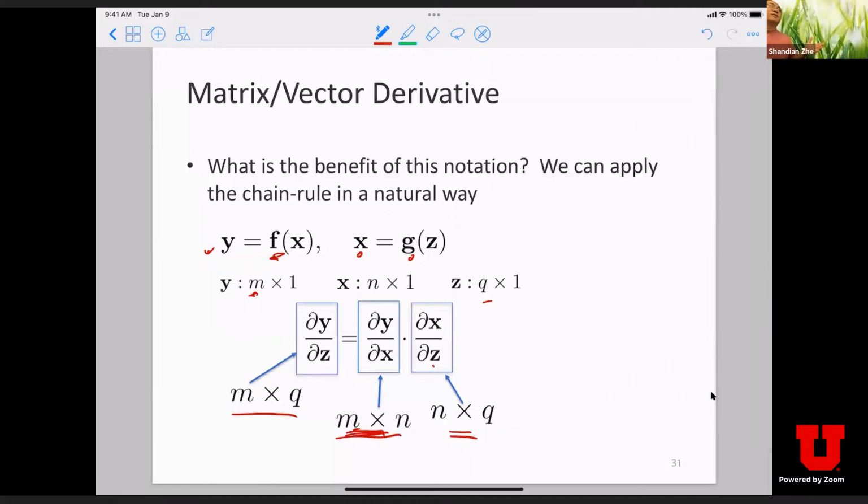Does it make sense? You can assume z equals s(w), and s(w) is another p by 1 vector, and we can continue multiplying the Jacobians. That won't be any problem.